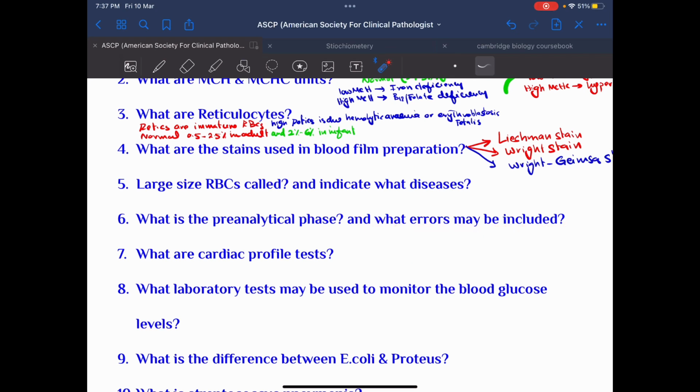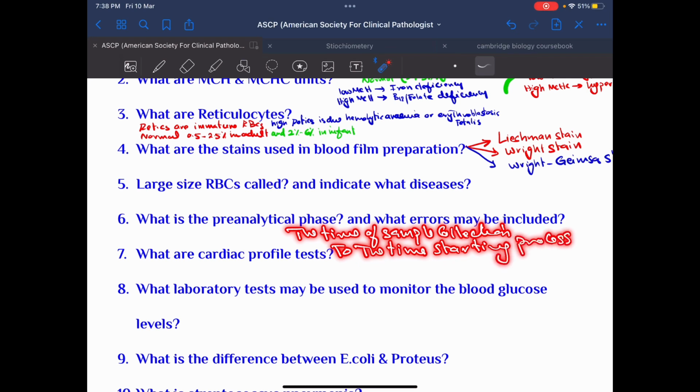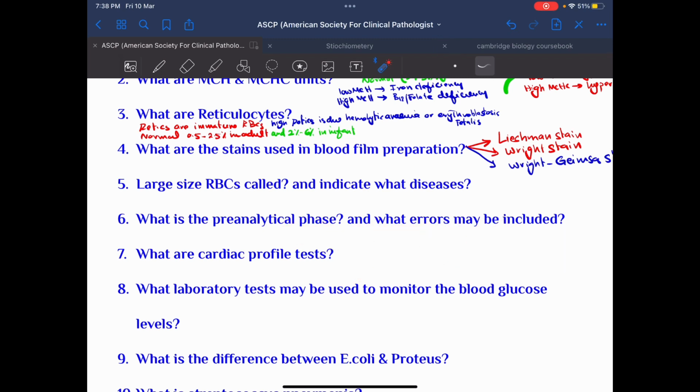This means from the time of sample collection to the time of starting processing the sample.